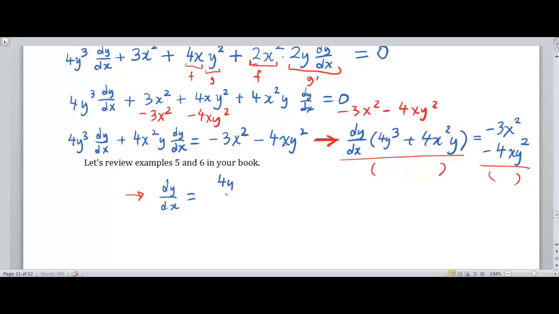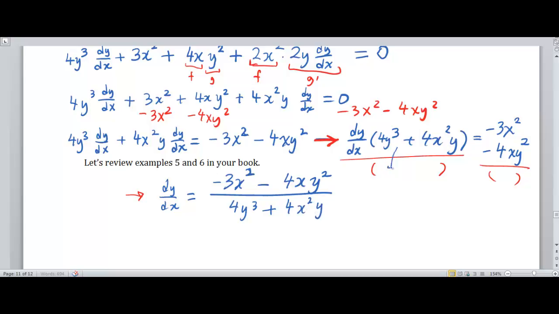equals, on the top I have minus 3x squared minus 4xy squared, that's from the right side, and then I'm dividing both sides by this: 4y cubed plus 4x squared y, right?